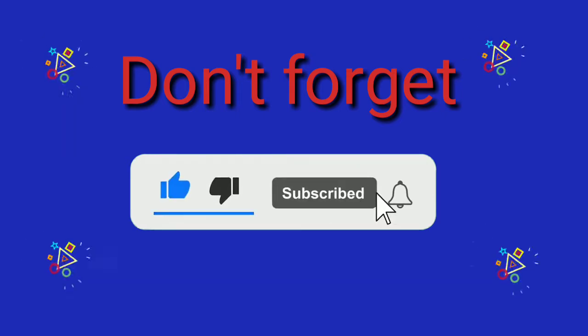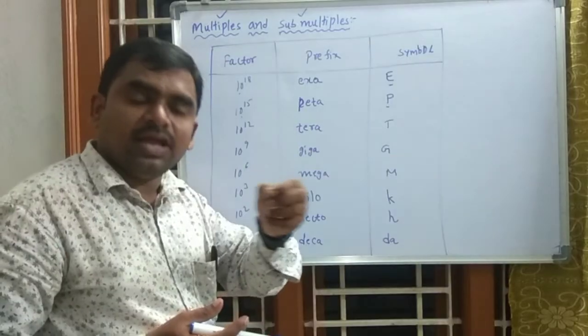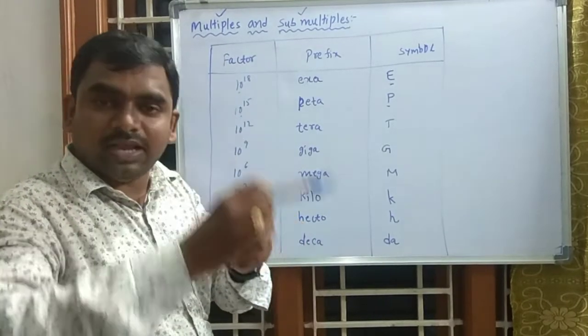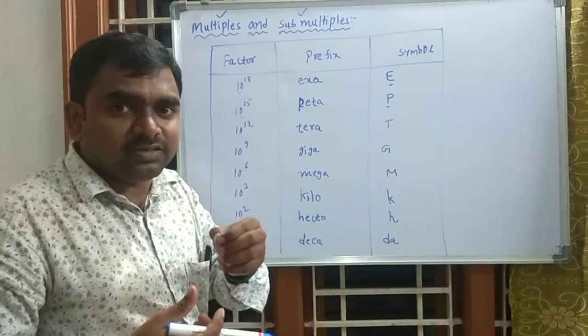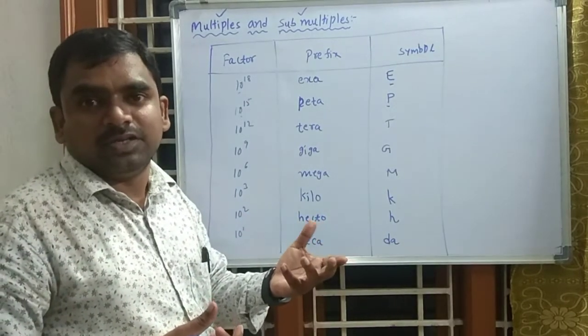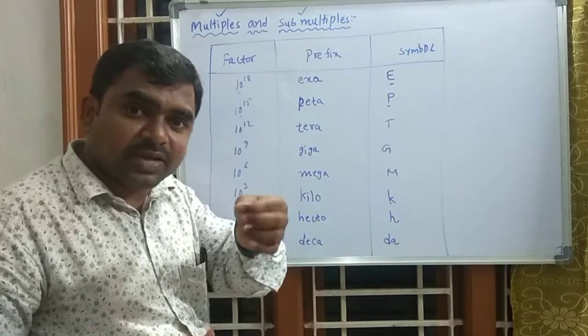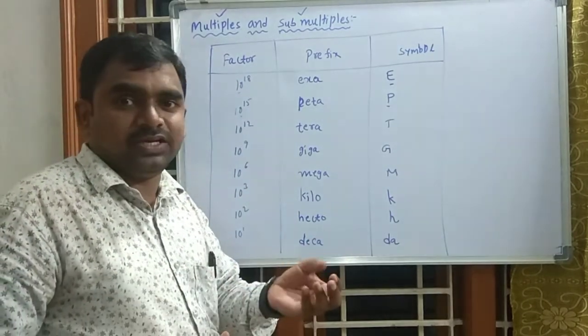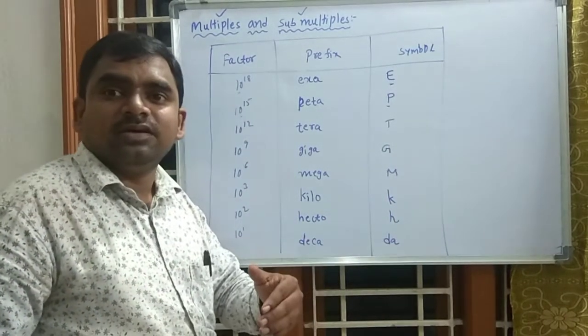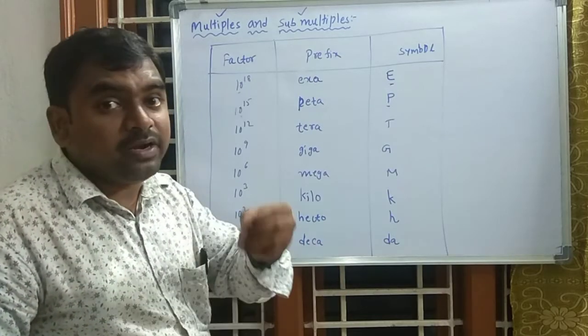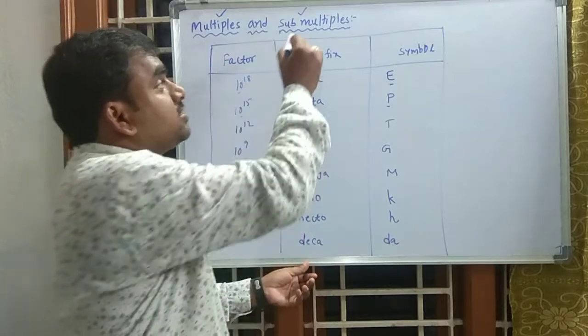For example, the distance from the center of the nucleus to the electron, is it very minute or not? Yes, it is very minute. Like that, if you want to tell the thickness of your hair, it is less than a millimeter. That time, the multiples we use are submultiples.